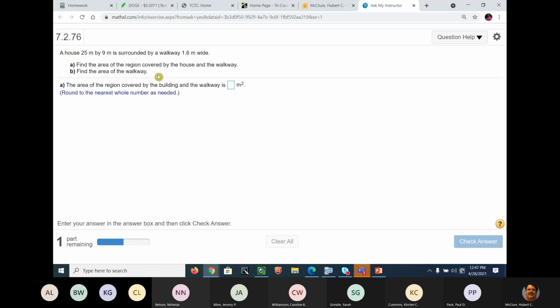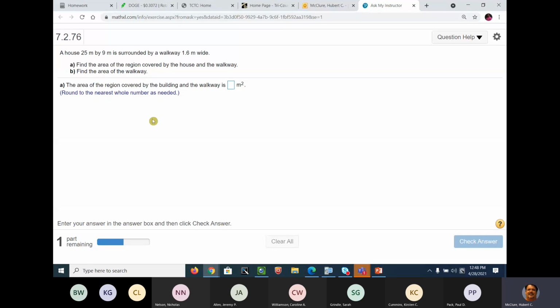Area of a rectangle is length times what? Width. And these are things that y'all should know. Everybody should know length times width times height, and length times width. All right, so the house is 25 by 9. The area of the house is equal to 25 times 9.